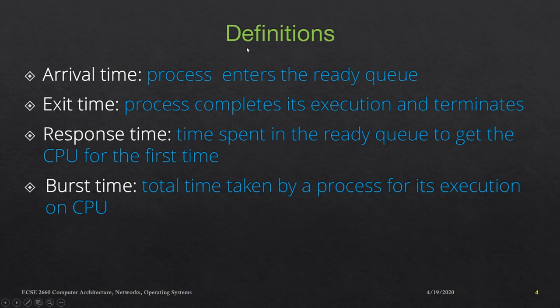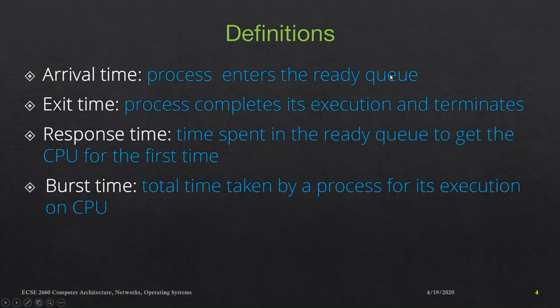So before we get started, I think it's very good to look at some definitions. So for example, the arrival time, exit time for a process, response time, burst time over here. So let's go through these definitions. So arrival time is the time at which a process enters the ready queue.